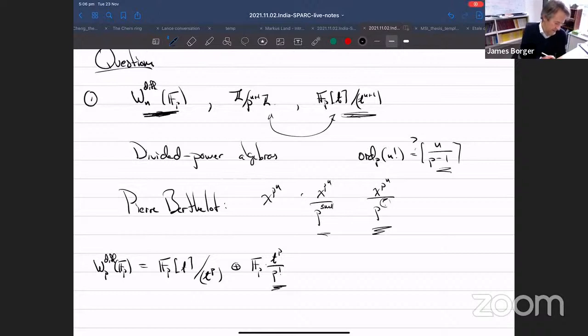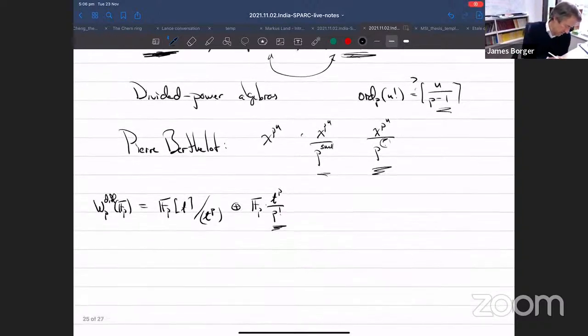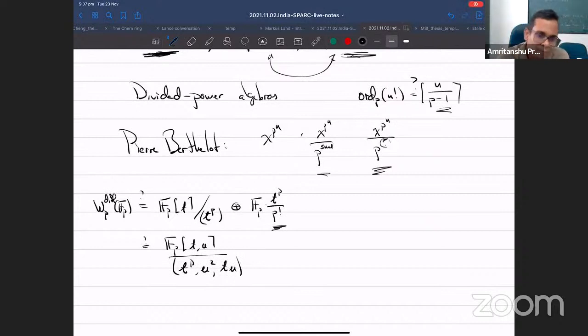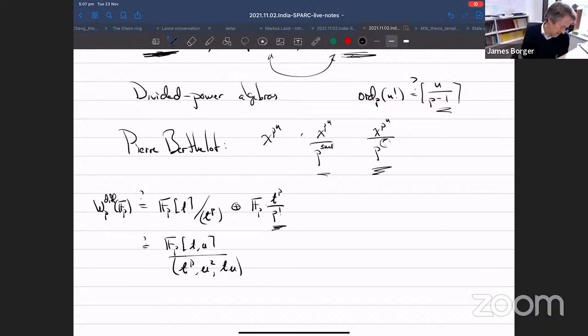I think this is kind of another parameter. So it's a little bit of a two-dimensional local ring, maybe something like F_p adjoin t, u modulo t^p, u^2 and tu, or something like this. Oh, it's not a principal ideal. Yeah, that's the hypothesis you forgot. Yeah, I guess that's right.